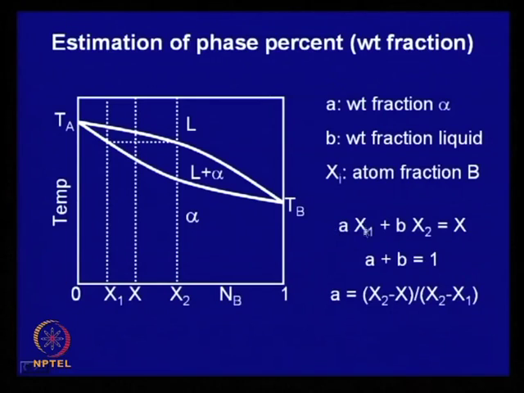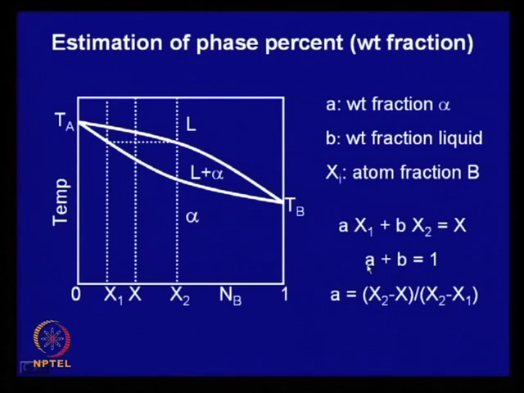So, this is the amount of B in alpha, and x 2 is the liquid composition, and B is the weight fraction liquid. So, this product will give you the amount of B in liquid, and both should add to x. And again this weight fraction A and B, they are related, A plus B equal to 1.